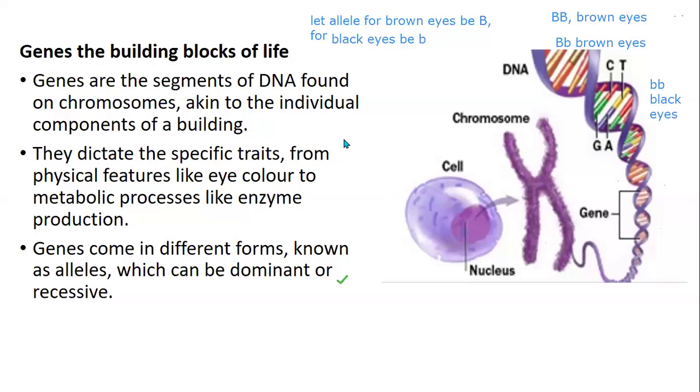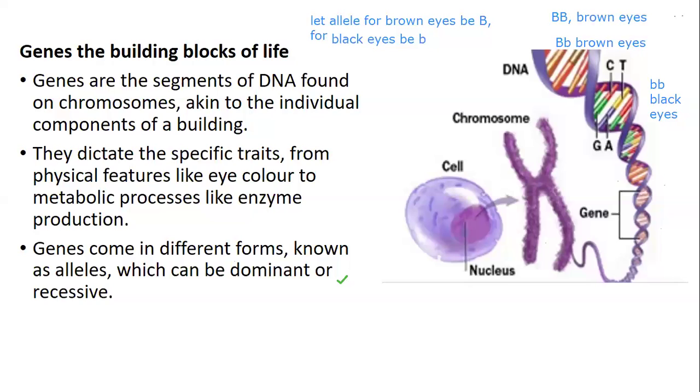When we talk about genes, as you can see here, there are some segments of the DNA which determine the traits of an organism. So these segments of the DNA that determine the traits of an organism, we said they are genes, but the genes have different ways in which they may be expressed. That's what we call the alleles.